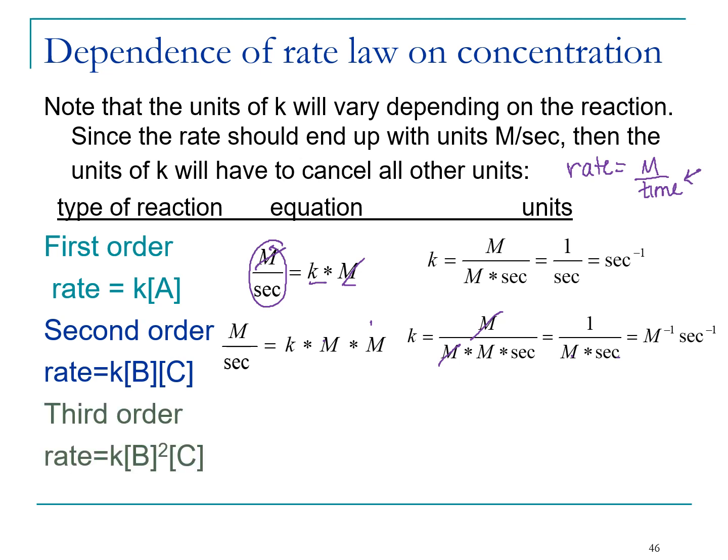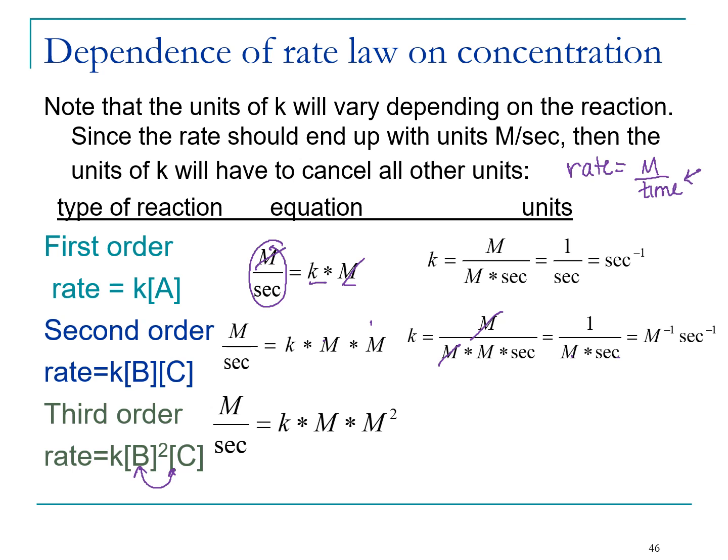What if I have third order? And just by the way, second order could be like B raised to the second power without the C there. So whatever, the units are going to be the same. Third order, notice what happens is you have molar per second equals K times molar cubed.